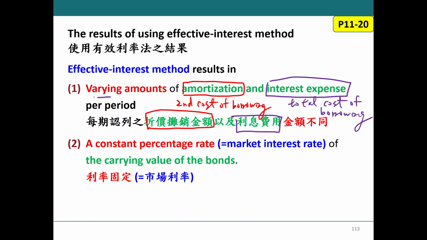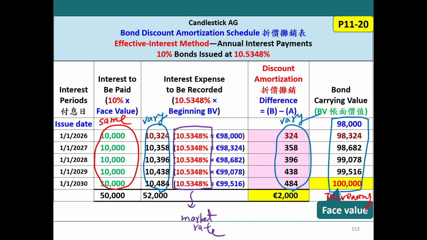Their numbers will not be the same. Okay, so that's what I just mentioned. Your second cost of borrowing and your total cost of borrowing, the numbers will not be the same. They vary over periods, okay?